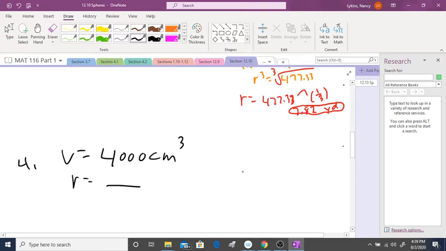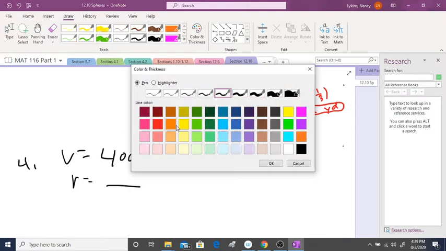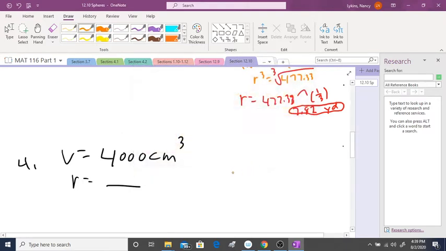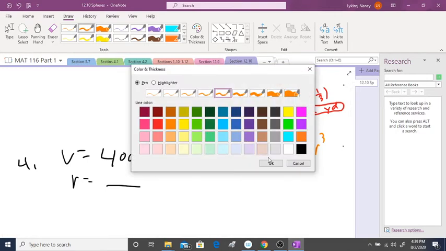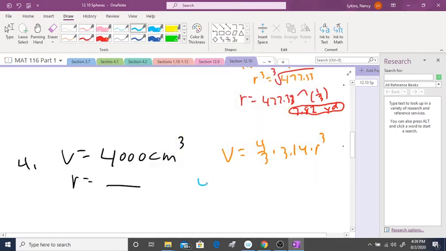So now what I want us to do is take this volume and you still use your 4/3, 3.14 times r cubed, but now our volume is going to be 4,000.